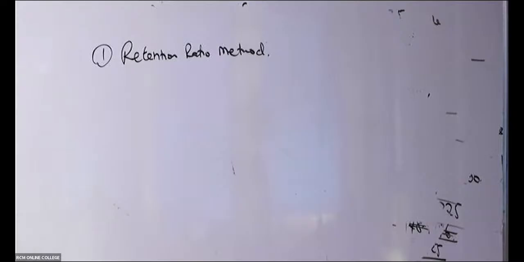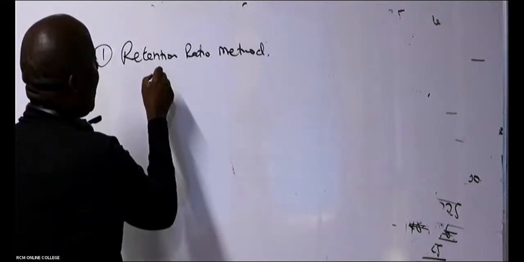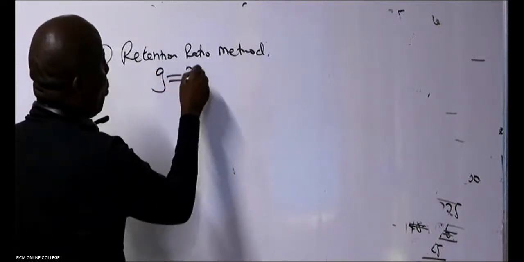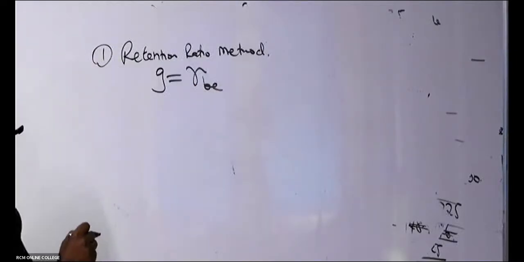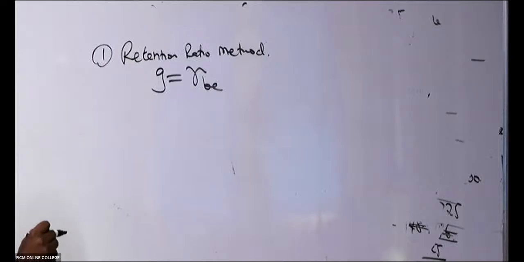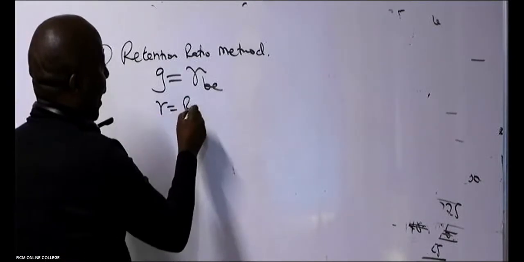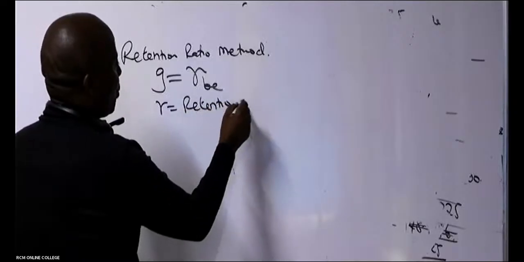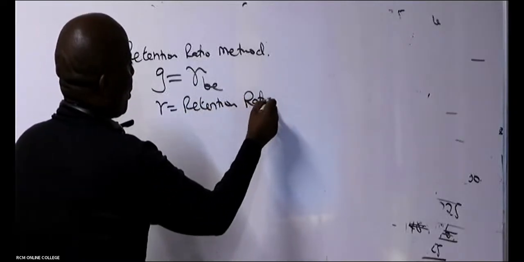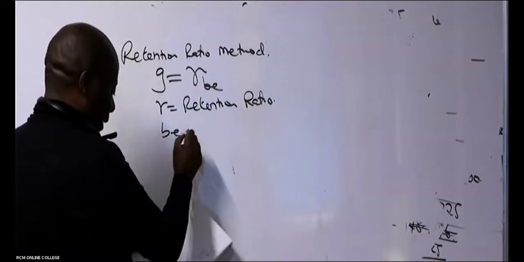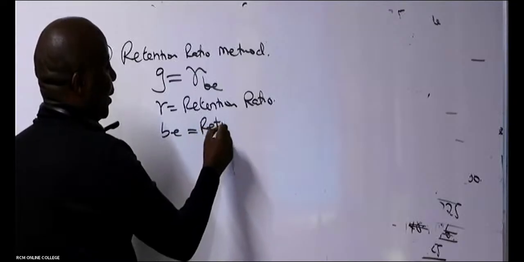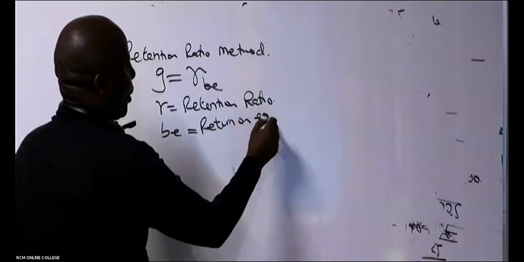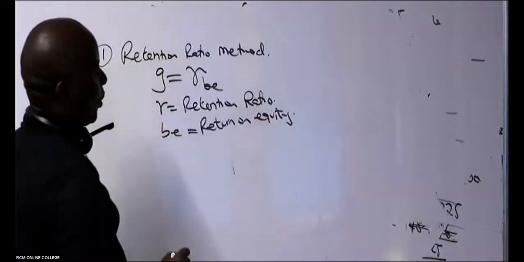So in the retention ratio method, we basically say G equals R times ROE, where R is the retention ratio and ROE is the return on equity.